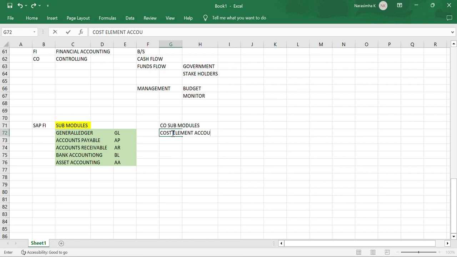Cost element accounting, cost center accounting, internal orders, profit center accounting, product costing, and COPA, profitability analysis.